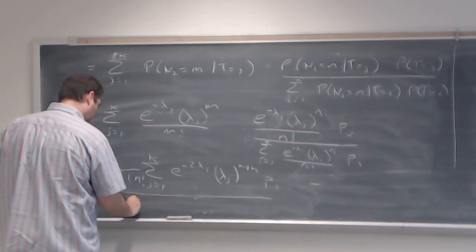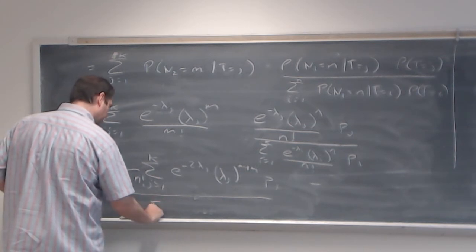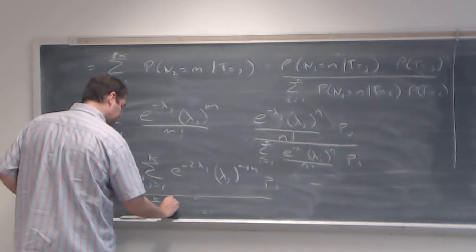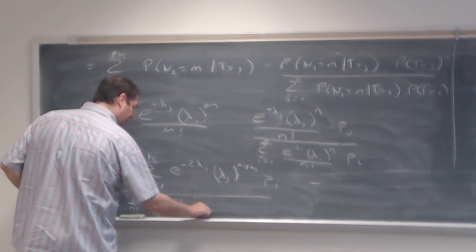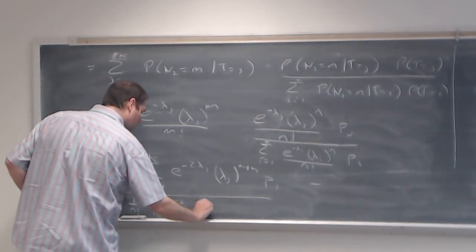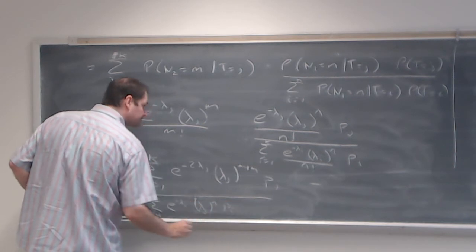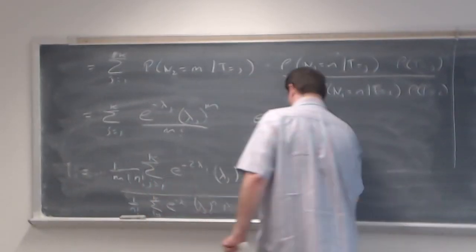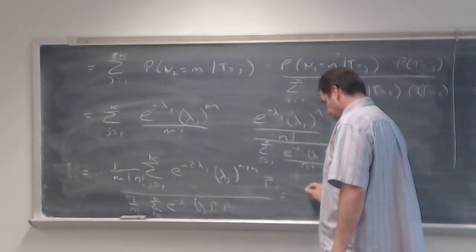And then this is all over 1 over n factorial, sum as i runs from 1 to k, of e to the minus lambda sub i, lambda sub i raised to the n, p sub i, and I've already pulled out the n factorial. So the 1 over n factorial on the top and on the bottom will cancel.